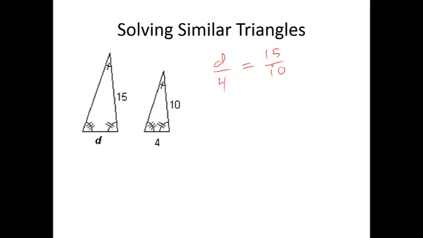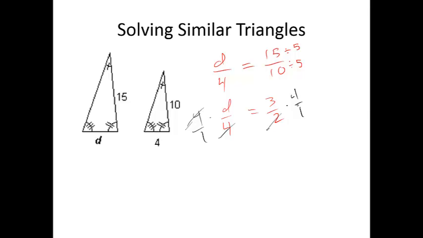What I do is I simplify this. We had 15 tenths, so I just rewrite this as d over 4 is equal to, and what I did, in case you didn't know, is I divided top and bottom of this by 5 to simplify. Now I have 3 halves. What I'm going to do is pick a different color, and I'm going to multiply both sides of this equation by 4 over 1. And that's going to cancel these out.